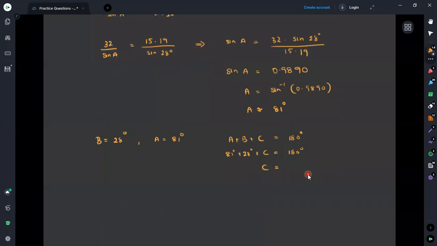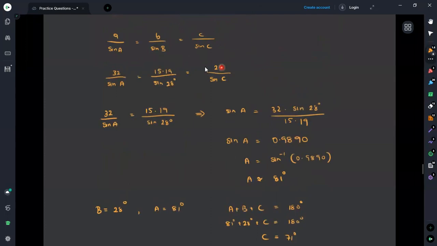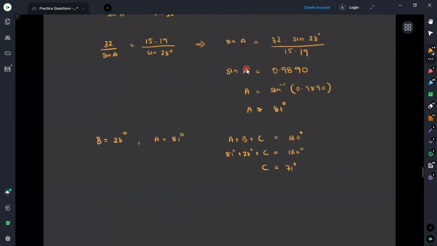Then C would be equal to 71 degrees. But if you need, you can write down this equation using the sine rule. We can again find the value of C.